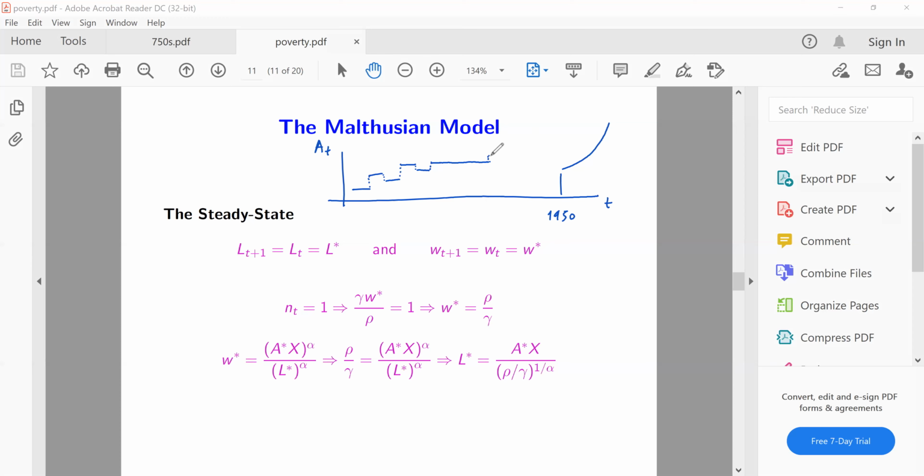Then there will be another shift, then another shift, and that goes on. And only sometime with the Industrial Revolution, advancing technology becomes continuous, okay, sustained.